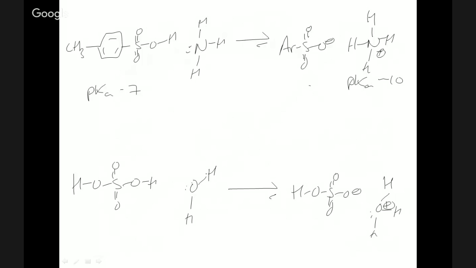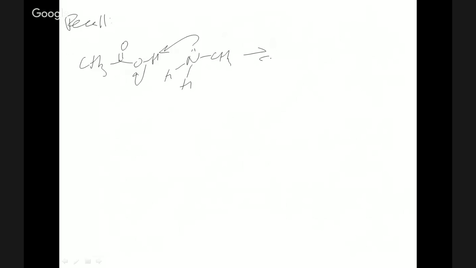One last thing in this chapter, we'll call it quits. Recall, when we introduced this chapter, we said carboxylic acids, going back to carboxylic acids now, with amines will undergo deprotonation. Equilibrium lies to the right.